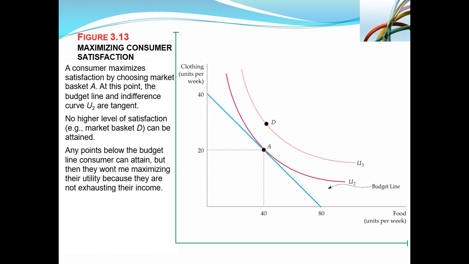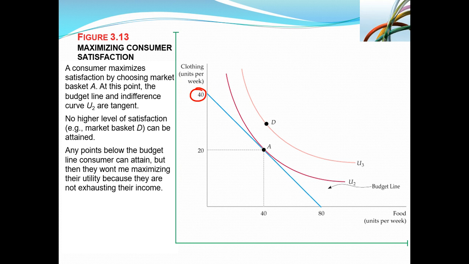It's a case like this where we're able to see that the units of clothes this guy can buy, assuming that he's not consuming any food, he just wants to buy clothes, is 40 units.